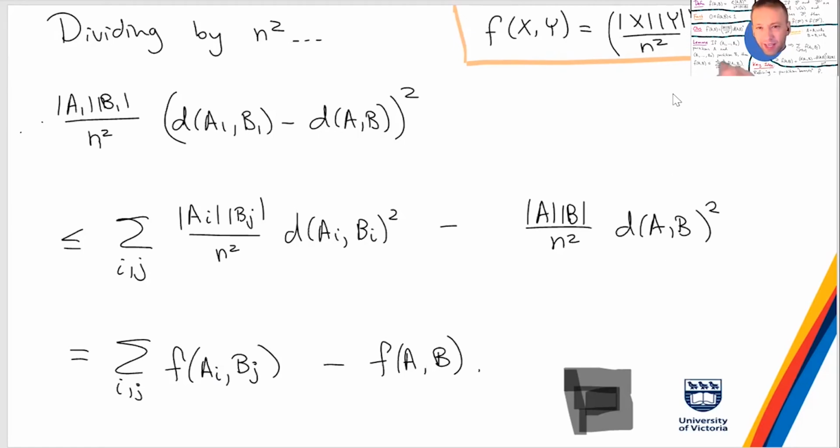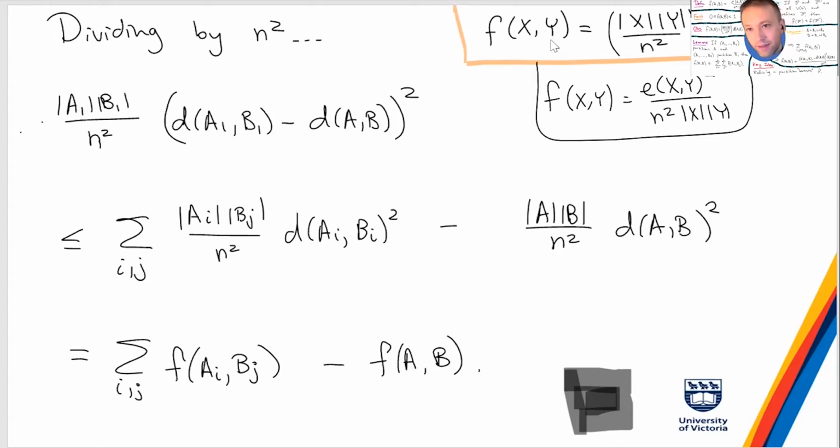The way we defined f(X,Y) in the beginning was to take the number of edges between them, squared, and divide by n squared times |X||Y|. That's the same as this. Now if you rearrange and bring this thing to the other side, then what we've proven is exactly what we asked for.